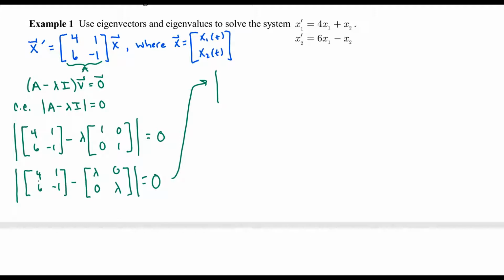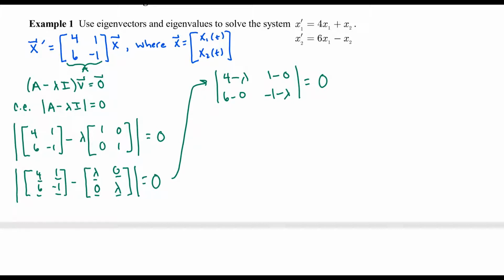I'm going to take this position minus this position. That's 4 minus lambda, 1 minus 0, 6 minus 0, and negative 1 minus lambda. So when we add or subtract matrices, we just apply that operation to corresponding entries.